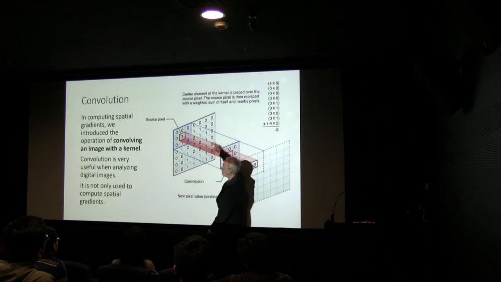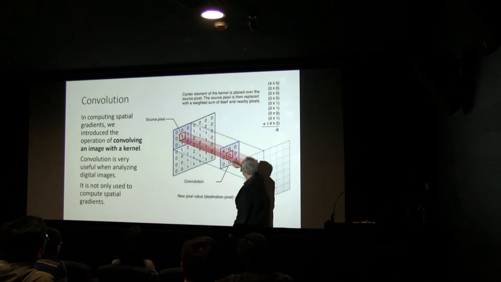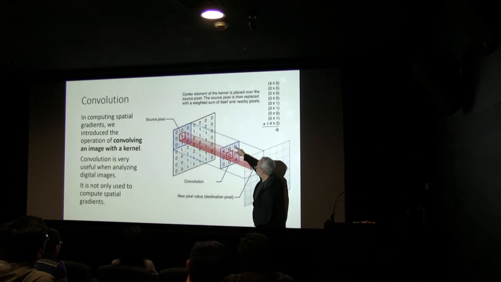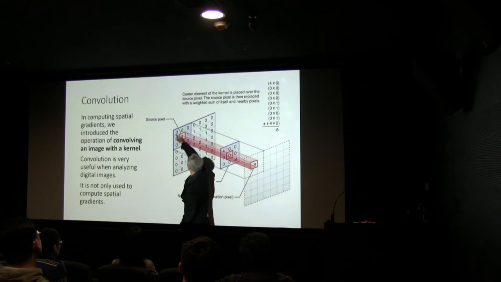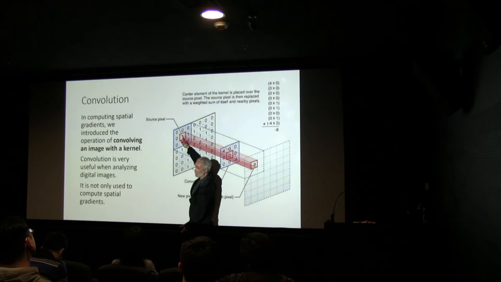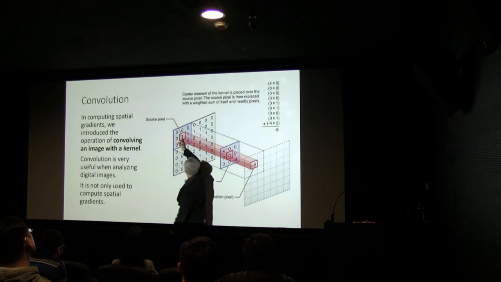We have an input image, we have a kernel with an odd length, 3 by 3, 5 by 5, 7 by 7. And basically what it does is it takes all the pixels centered in one pixel and multiplies them and adds them together. So it multiplies each one by a weight.